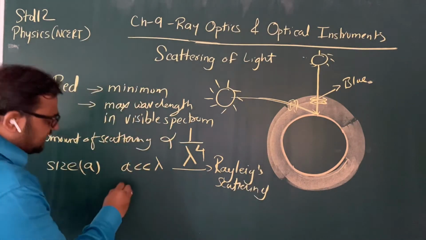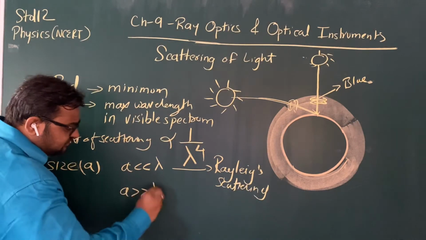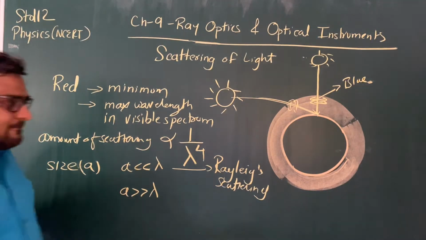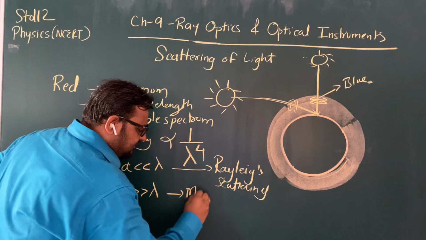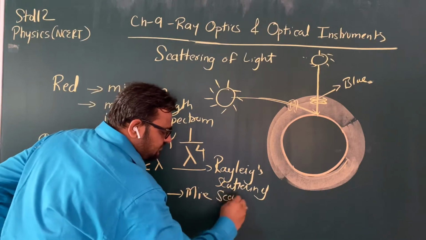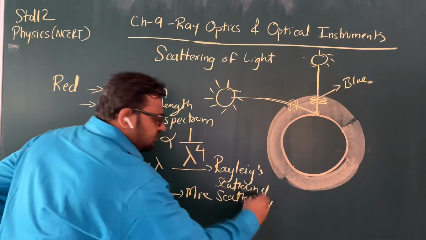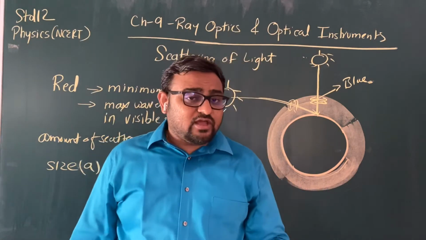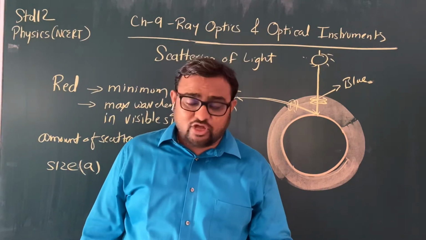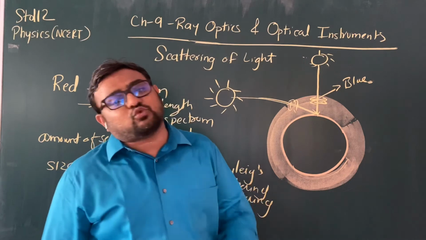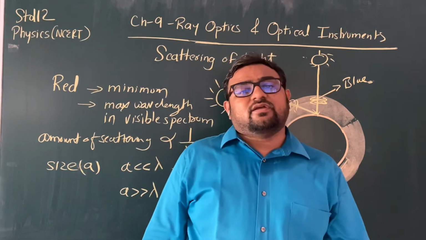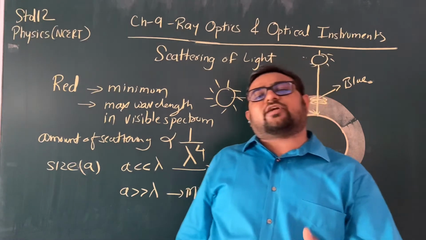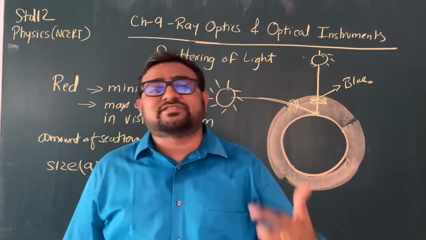If the size of the particle A is much higher than the wavelength, then it is called Mie scattering, named after the scientist. Just for example, during monsoon, when there are water droplets, or take the example of clouds, right? The molecules of water have higher size.